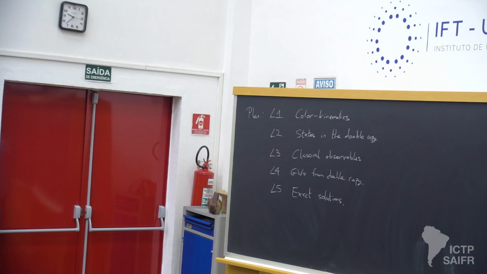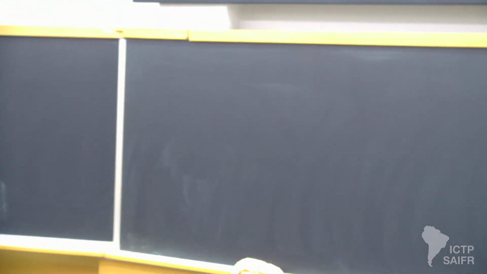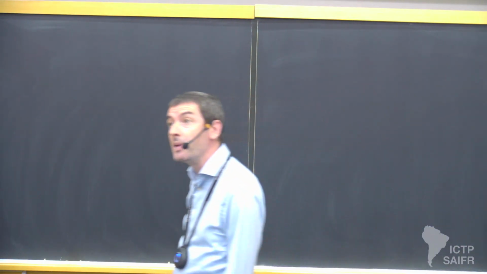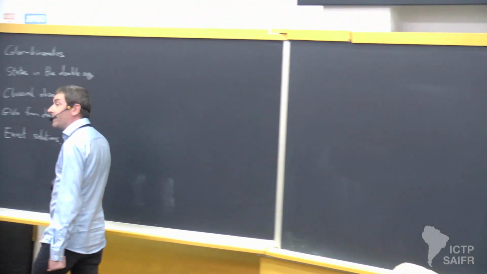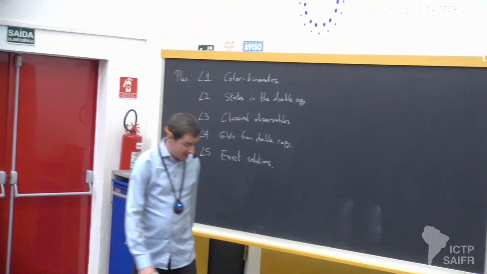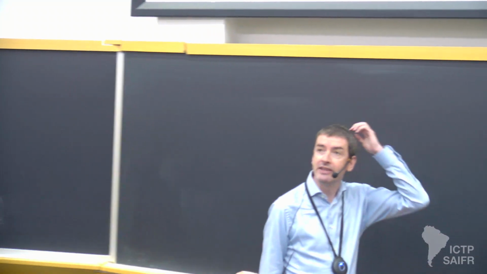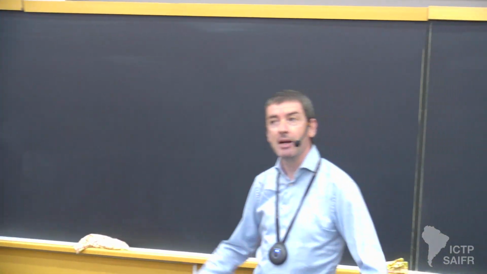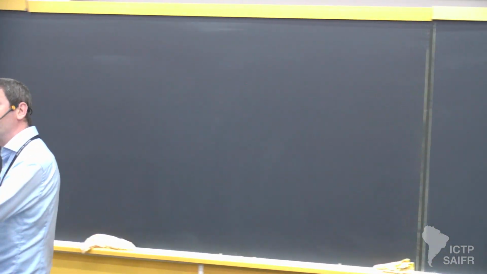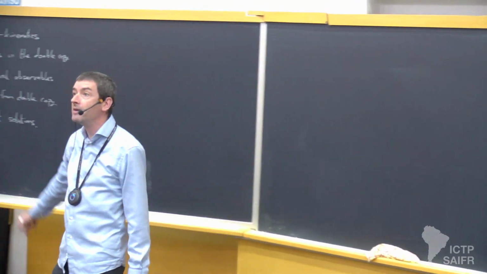Okay, so since you've already heard a little bit about the double copy, I don't want to spend a lot of time explaining why I think it's an interesting thing to talk about. Still, it's worth saying something, right? The double copy is a remarkable new point of view on gravity. It's quite a shocking thing if you think about gravity from a geometric point of view, a curvature in space-time and things like that.